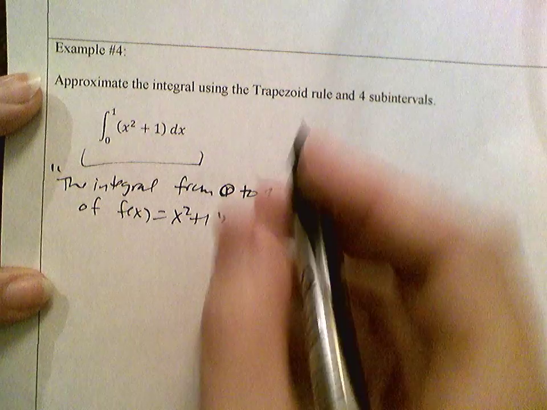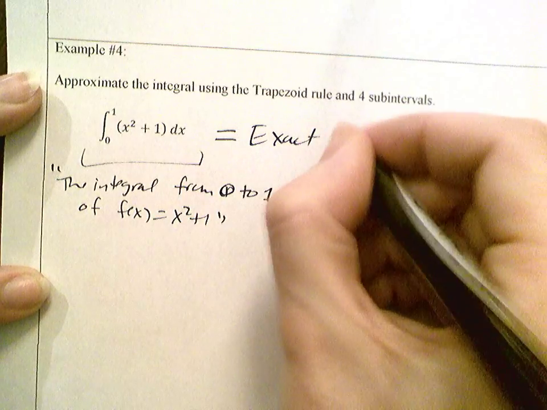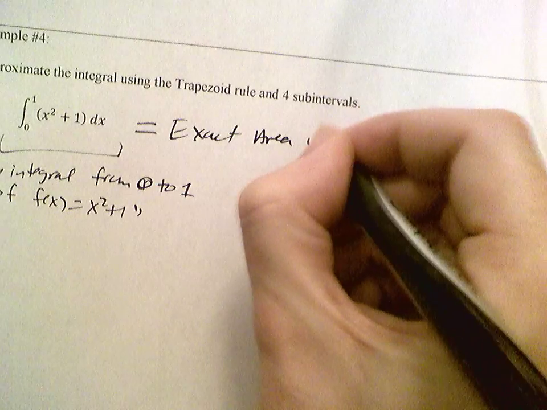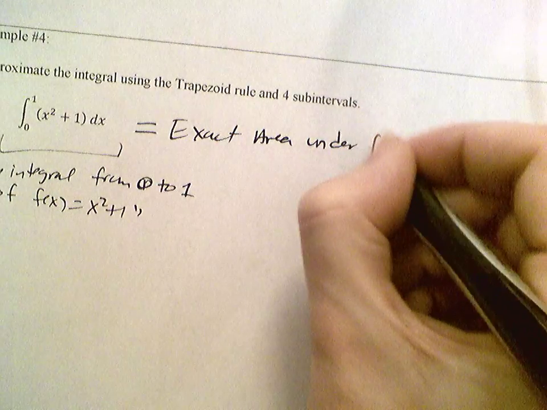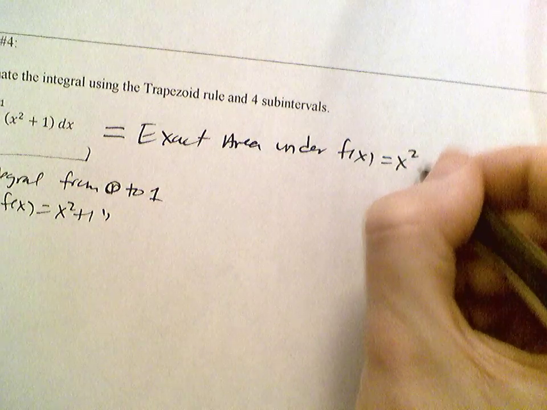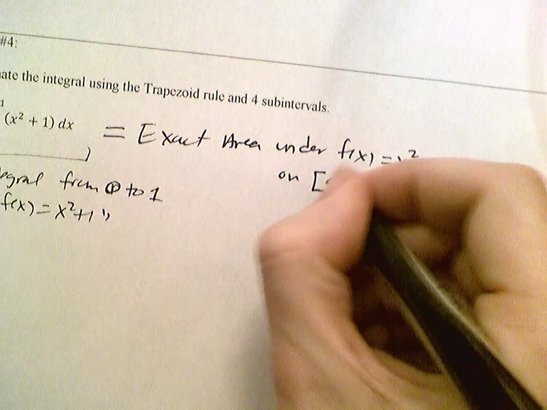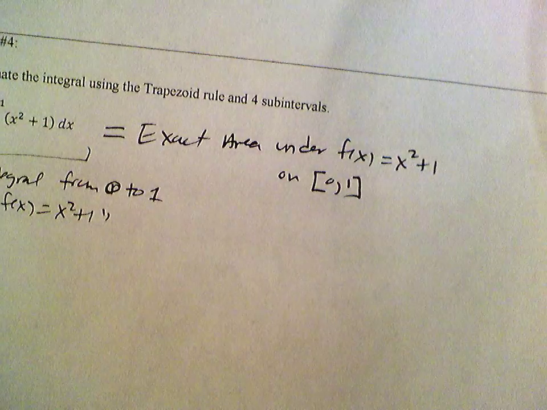And what is this? This is equal to the exact area under f of x, on 0 to 1. Now, we are not going to find the exact area.